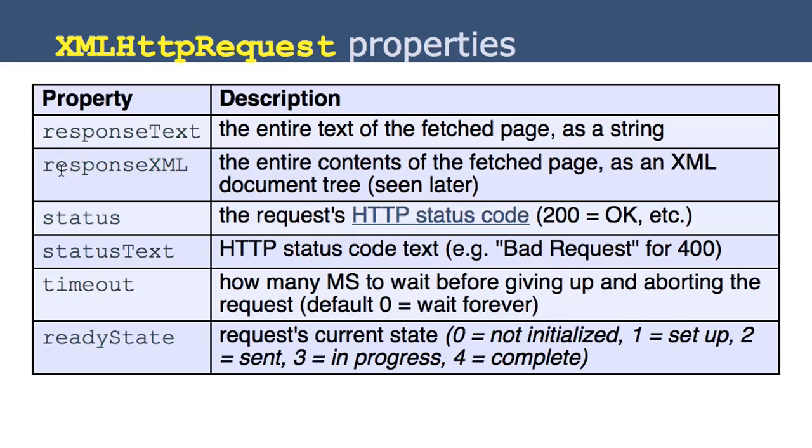Once the data comes back, we can get the data in a couple different forms. Our callback function will be passed an object which contains these properties. Response text and response XML are the most frequently used. If the server gives us XML data back, then we're going to be using response XML. For the most part, at least right now, we're going to be using response text.